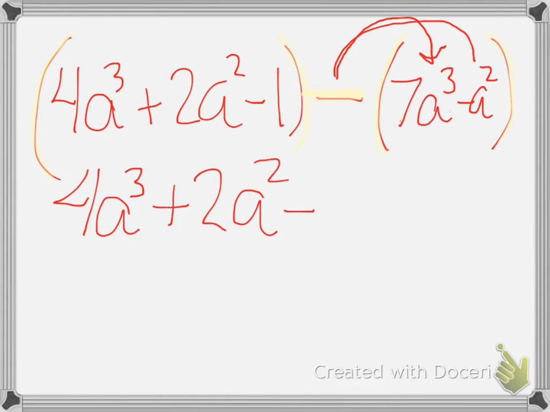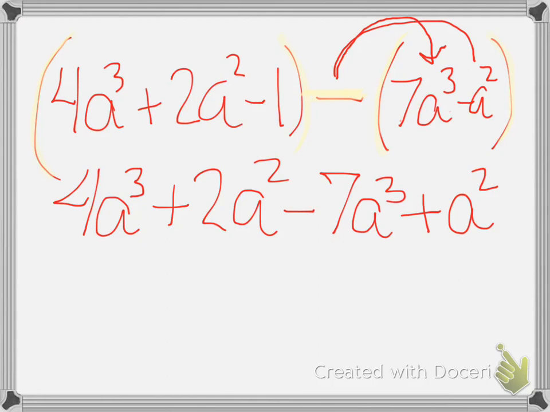If you subtract 7a cubed, it just looks like minus 7a cubed. But if you subtract a negative a squared, it turns to a positive a squared, because subtracting a negative is just like adding.